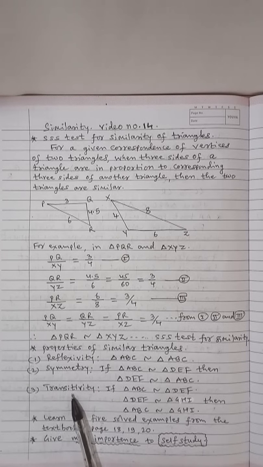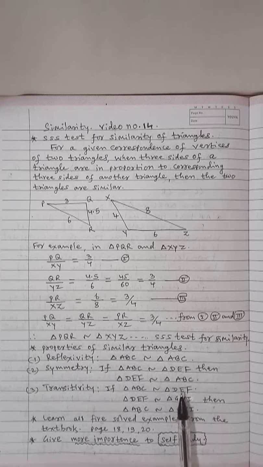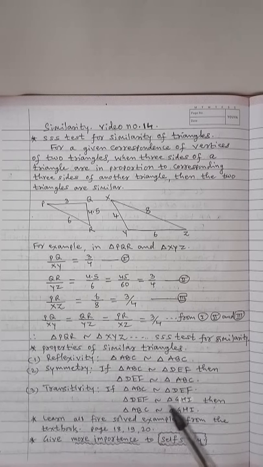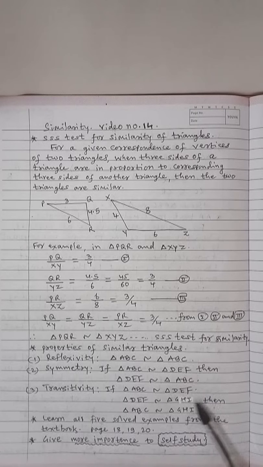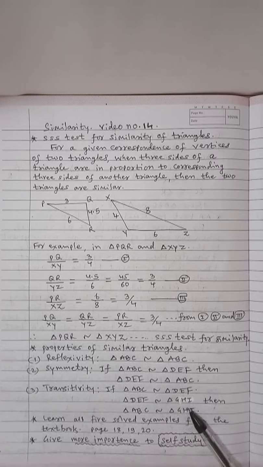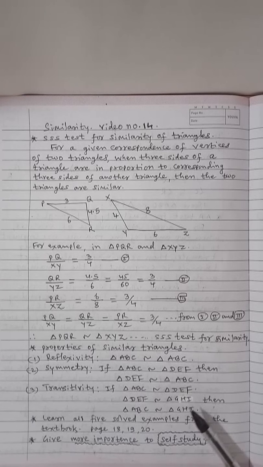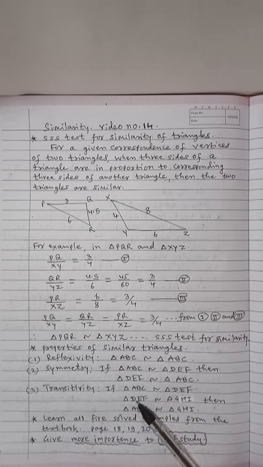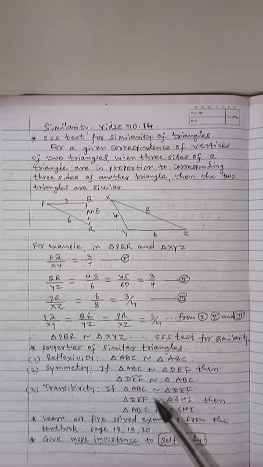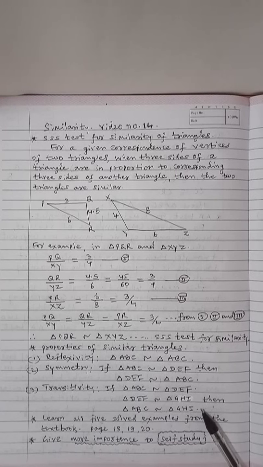Then third one, transitivity. If triangle ABC is similar to triangle DEF, and triangle DEF is similar to triangle GHI, then triangle ABC and triangle GHI are similar. So if the first triangle is similar to the second one, and the second one is similar to the third one, then the first and the third triangles are similar.